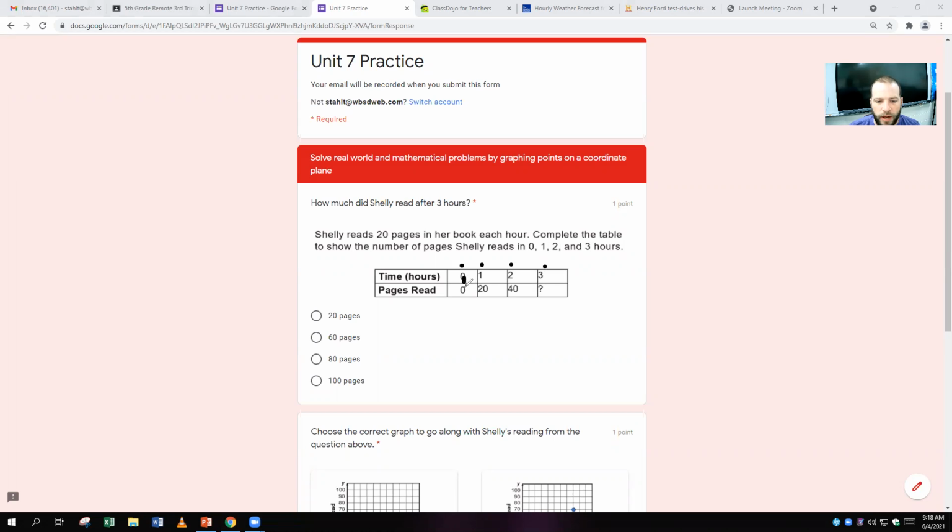Well, 0 hours times 20 is 0. Why are we multiplying by 20? Because every 1 is equal to 20. So 1 times 20 is 20, 2 times 20 is 40, and 3 times 20 is 60. So the question is, after 3 hours, how long did she read? Well, she read 60 pages. After 3 hours, 60 pages.